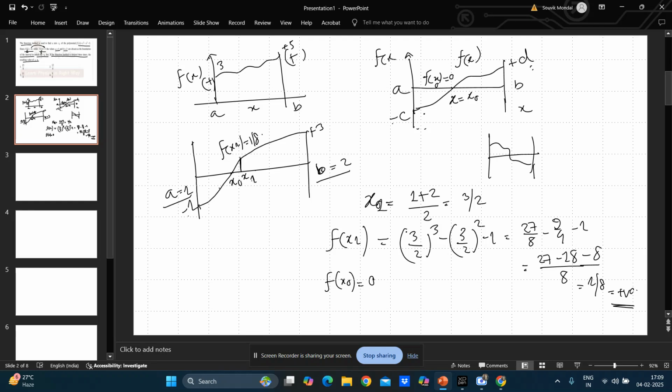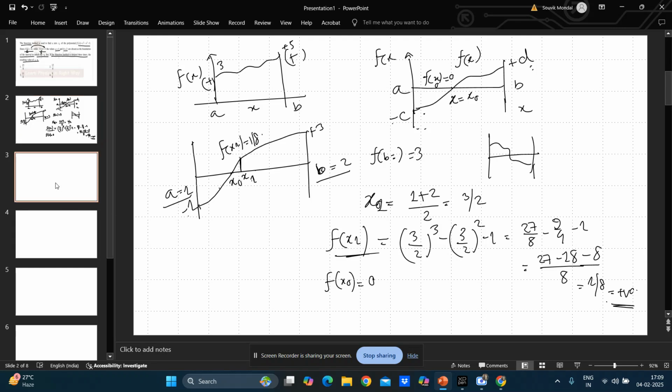Now what is f(2)? f(2) is 3, and f(x1) is 1/8, so it is decreasing, and x1 is a point very close to x0.